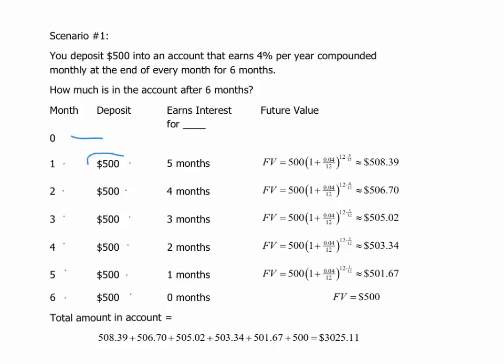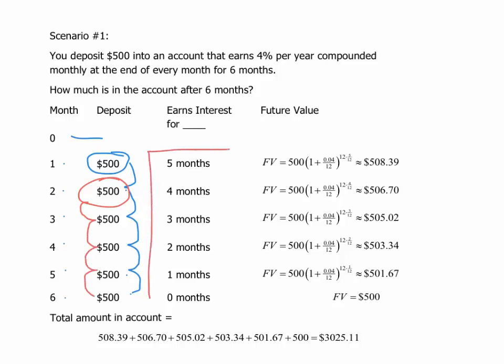The $500 that we deposit at the end of the first month earns interest for 1, 2, 3, 4, 5 months. This $500 earns interest for 1, 2, 3, 4 months. So this column tells us how much interest each individual $500 earns.